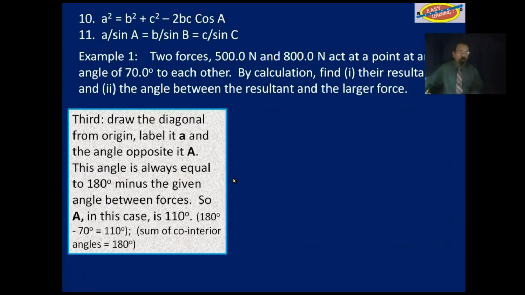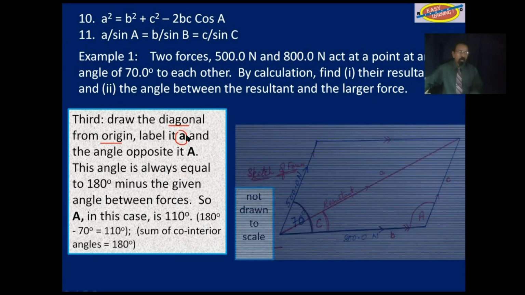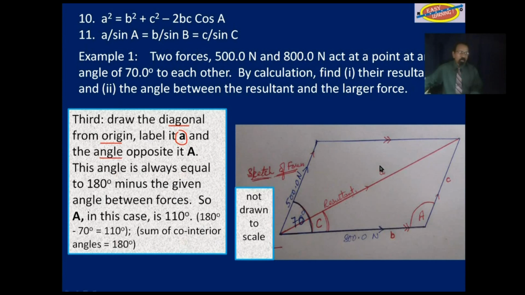Third, we will draw the diagonal from the origin, label it lowercase a, and the angle opposite that uppercase A. We also write in the value of this angle A, which is always equal to 180 minus the angle between the forces.